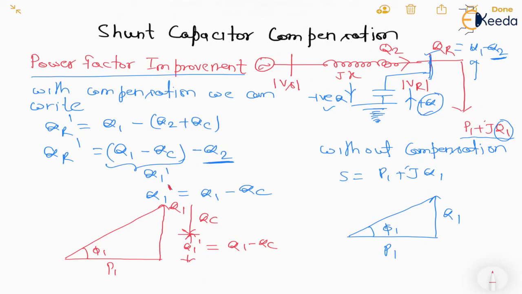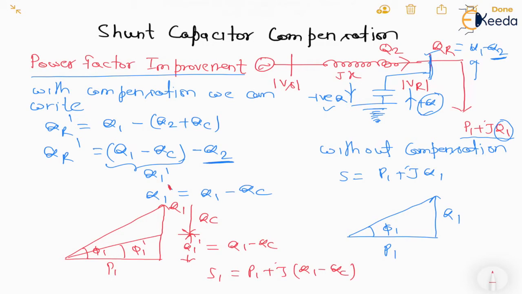And we can also write here Q1 dash is equal to Q1 minus QC from the diagram. In the power diagram, we do not see the sign of QC, because if plus Q1 is upward, then QC is downward. It is understandable. So total load becomes S1 equal to P1 plus J into Q1 minus QC, and the power factor angle is also decreased to phi 1 dash.